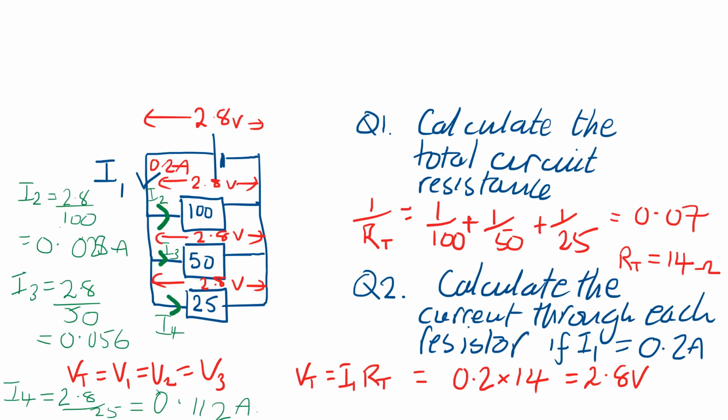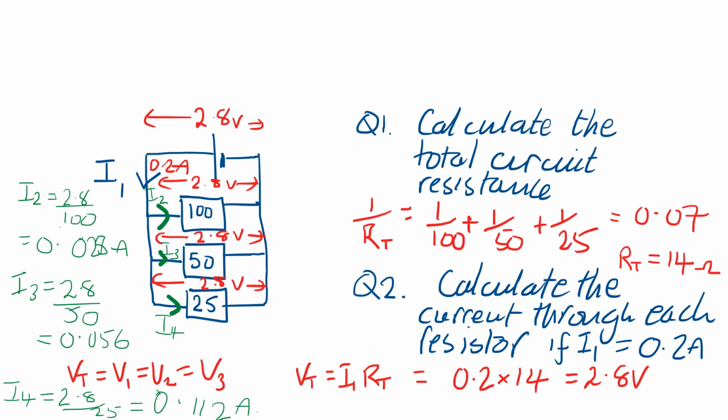Through the 100 ohm resistor, we've got 2.8 volts on 100 ohms, so it's 2.8 divided by 100, 0.028 amps. Through the 50 ohm resistor, it's 2.8 divided by 50, which is 0.056 amps. And through the 25 ohm resistor, 2.8 divided by 25, which is 0.112 amps. So we've calculated the current through each resistor.